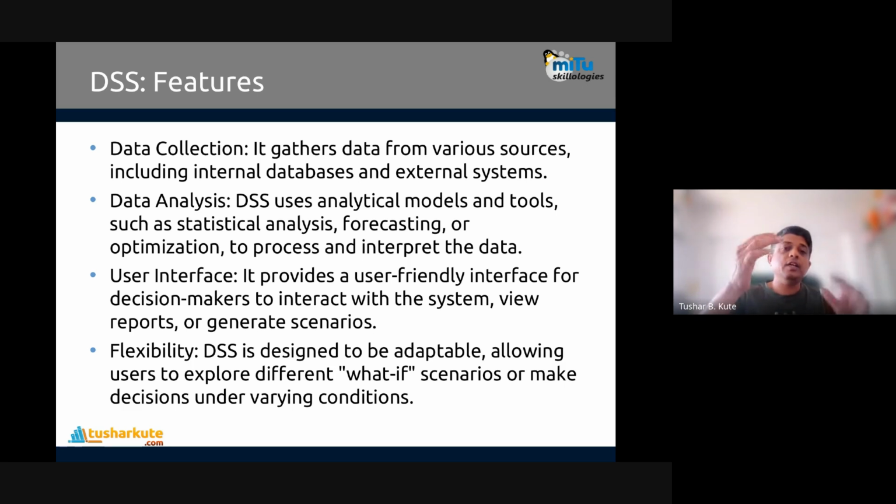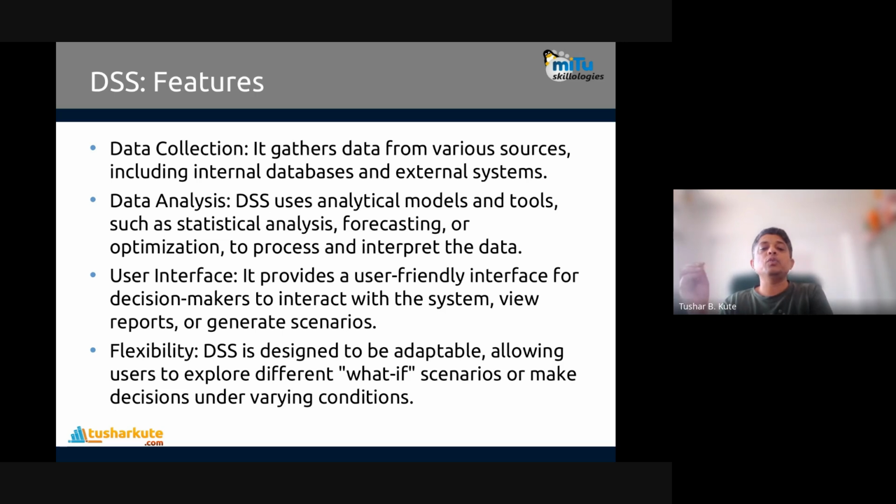Collect, analyze, then user interface. The user interface is a method by which the user can see what kind of data is taken as input and what kind of insights we gained out of it. So it provides a user-friendly interface for decision makers to interact with the system, view the reports, and generate the scenarios. And last, flexibility.